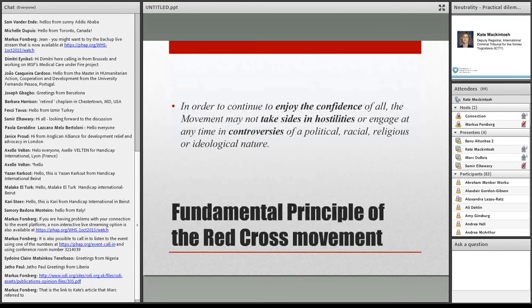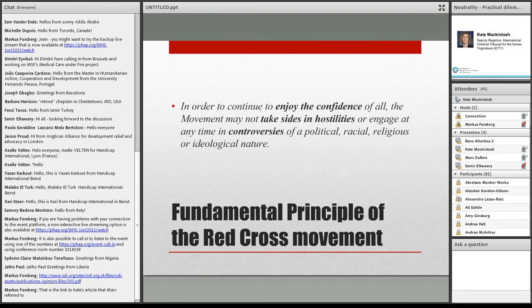It's a belief in itself, and it explains the purpose, the motivation, and the rationale for humanitarian action. Impartiality operationalizes that principle of humanity. If every person is equally valuable, which is the core idea behind the principle of humanity, then they must be treated equally and in response to their individual needs. And that's where we get the principle of impartiality.